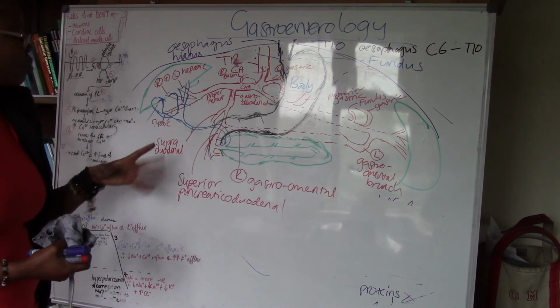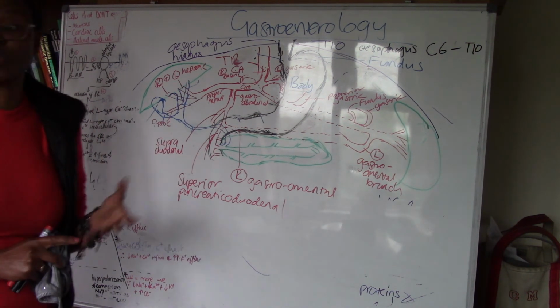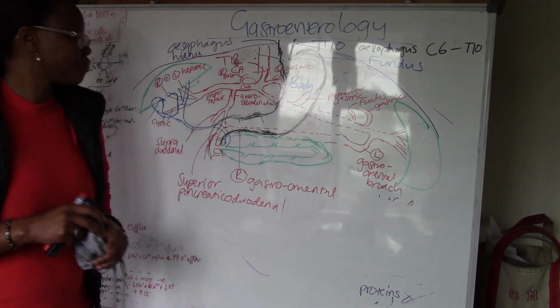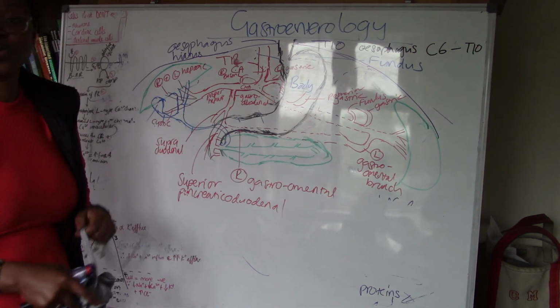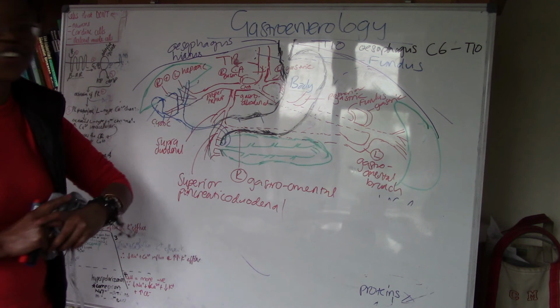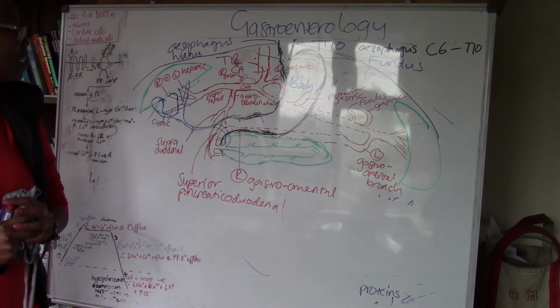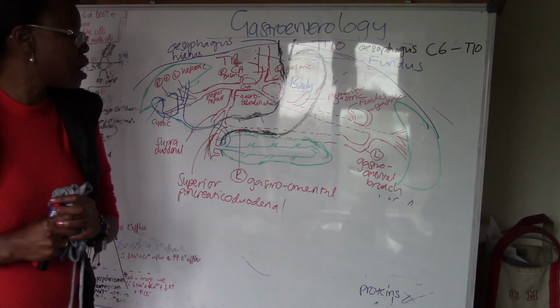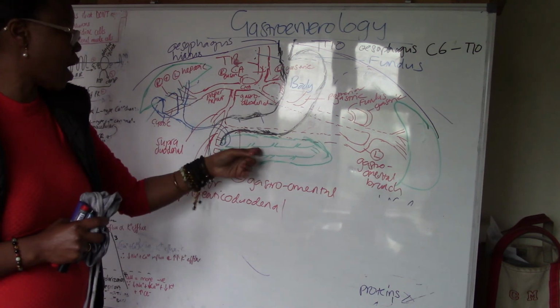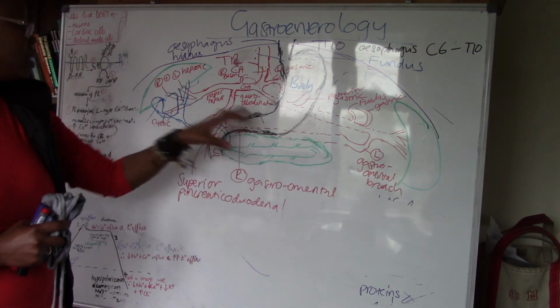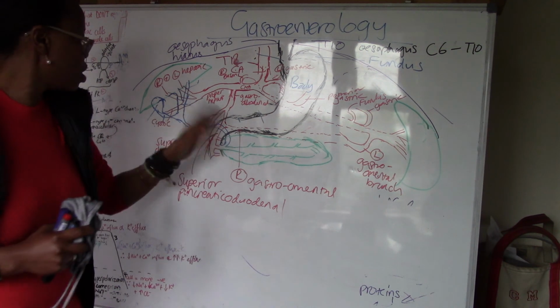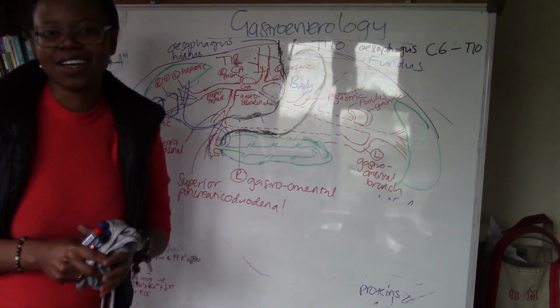But I feel it was important to have this lecture because of the introduction it gives to gastroenterology, which is a topic that I enjoy. And my research is on the pancreas, the gallbladder, and the ducts.